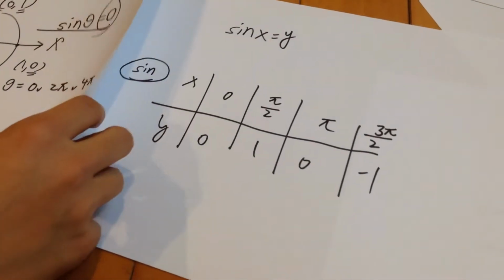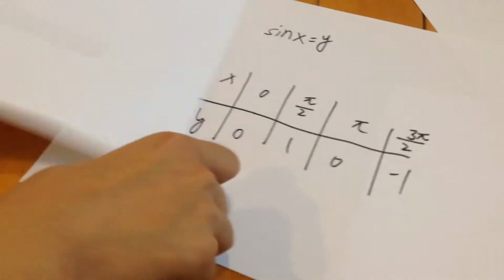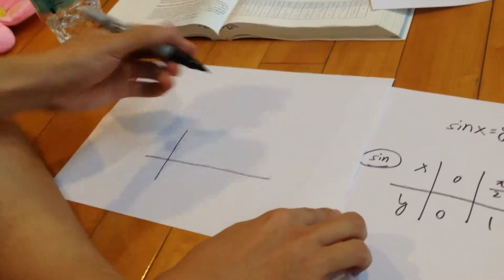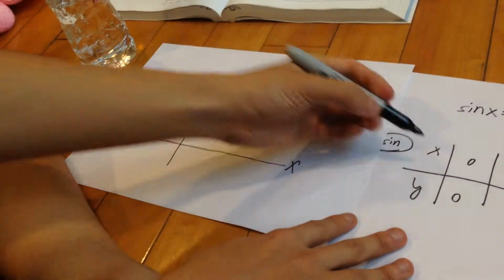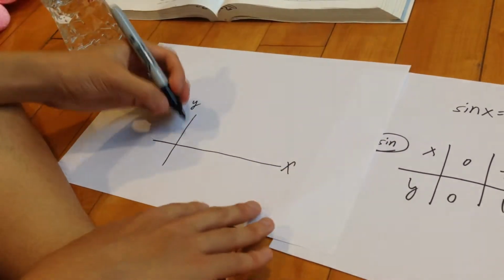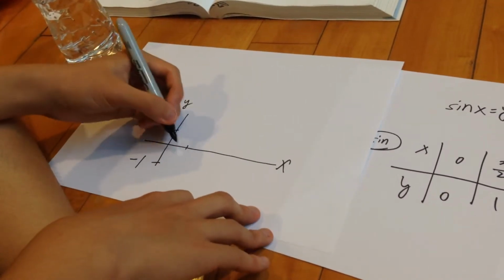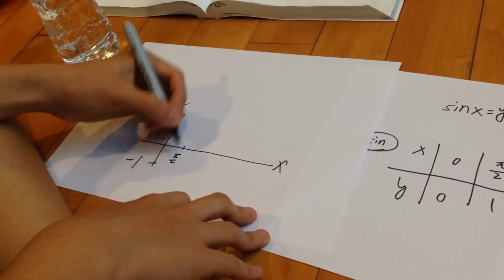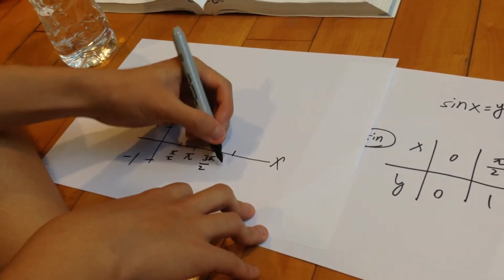Is it easy? Yes, I'm starting to understand. Nice. So if we plug this in to the x and y axis, here we have 1, here we have negative 1, and here we have pi over 2, pi, 3 pi over 2, and 2 pi.